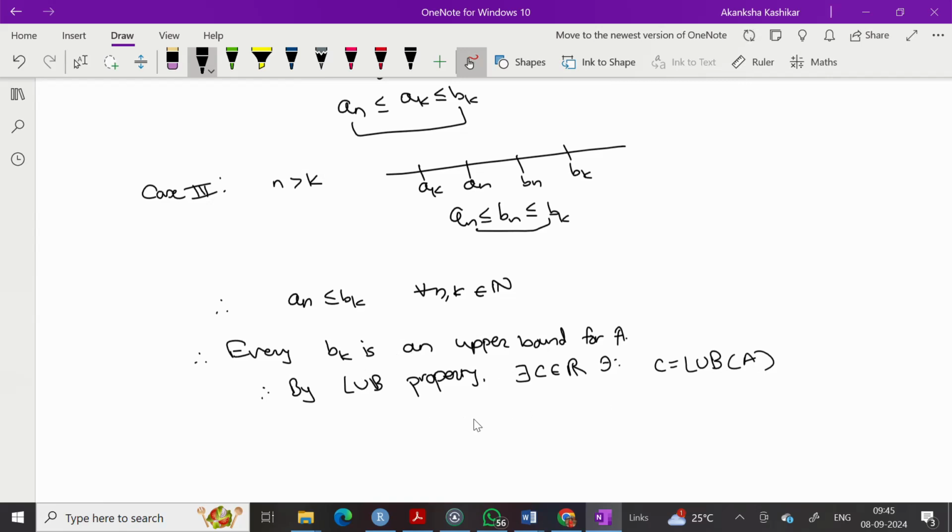Therefore, C has to be less than or equal to b_k for every k. And we said C is an upper bound for A, so a_k is less than or equal to C for every k. Therefore, a_k is less than or equal to C is less than or equal to b_k for every k.